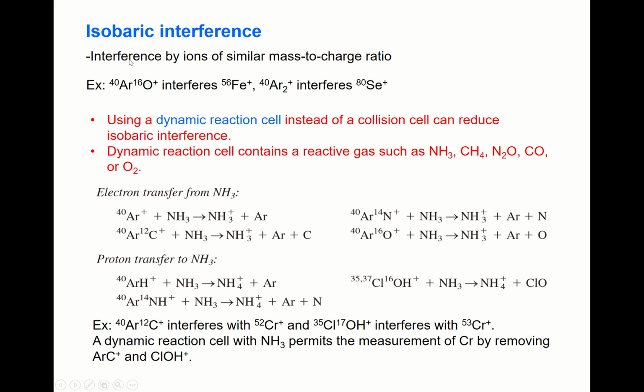That's the isobaric interference. But how do we solve this problem? One solution is to use a dynamic reaction cell instead of a collision cell, because the collision cell cannot remove this isobaric interference, but the dynamic reaction cell is good for removing isobaric interference.